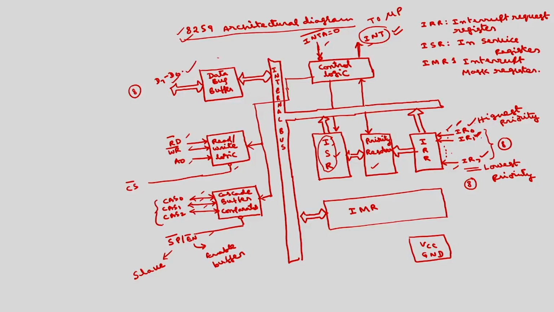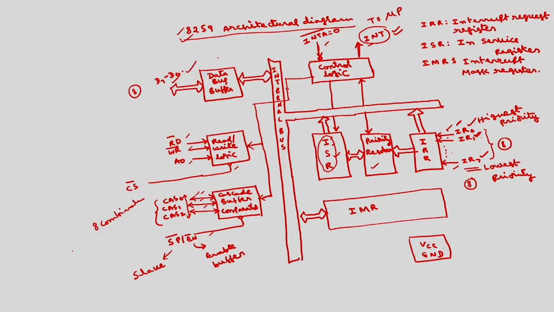Whereas, as I have told here, cascading of 8259 is also possible. If I cascade 8259s, then corresponding to each 8259 we can control 8 devices. Using these 3 bits we can have 8 combinations, and corresponding to each combination we can have 8 devices.